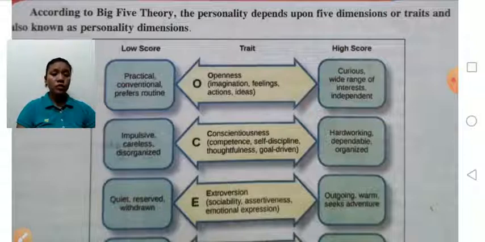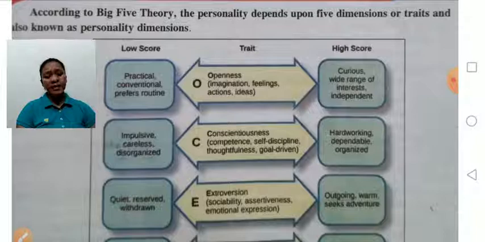Extroversion: those who have more extroversion are outgoing, warm, adventurous, fun loving, assertive, and talkative. And those who are not extroverted are quite reserved and withdrawn, meaning they are shy and serious.